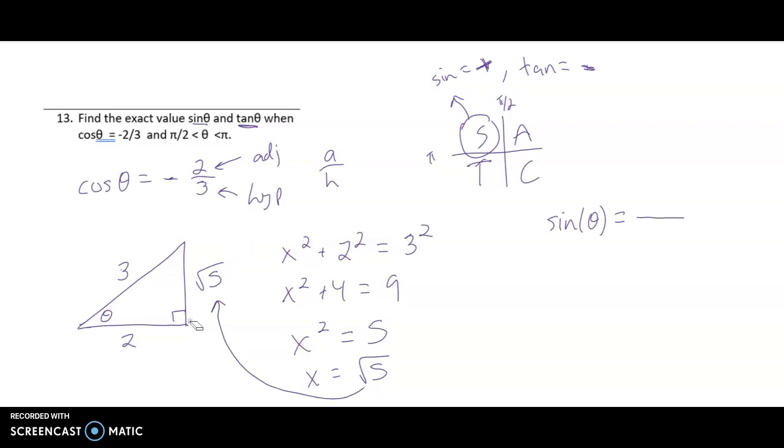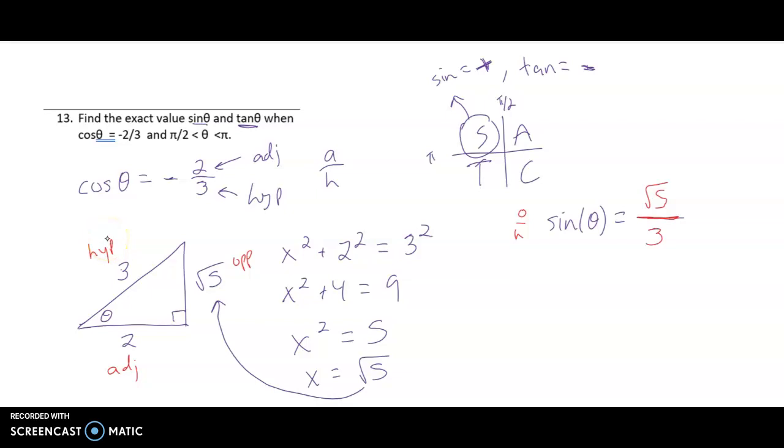Maybe I'll change colors. This is opposite. This is hypotenuse. And this is adjacent. So sine is O over H. So opposite is root 5, divided by hypotenuse, which is 3. And that's it. That's all we got to do.